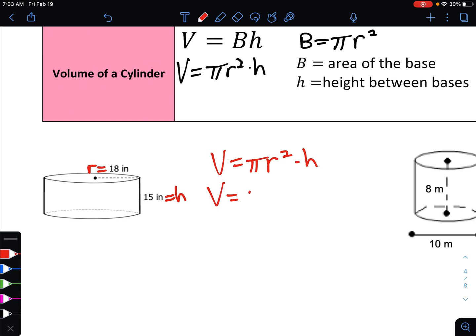So putting those into our formula, we're going to get pi multiplied by 18 squared multiplied by 15. And when we simplify that, multiplying out the numbers that come after pi, 18 squared multiplied by 15 is 4,860. Then we'll go ahead and put pi after the number rather than in front, and then include our label, which is inches cubed.